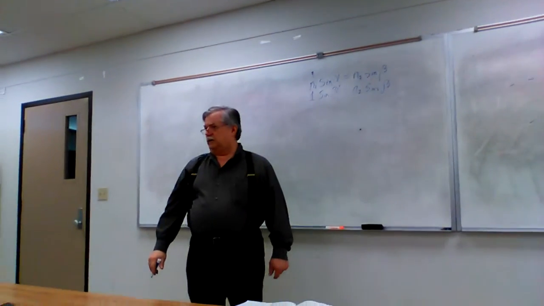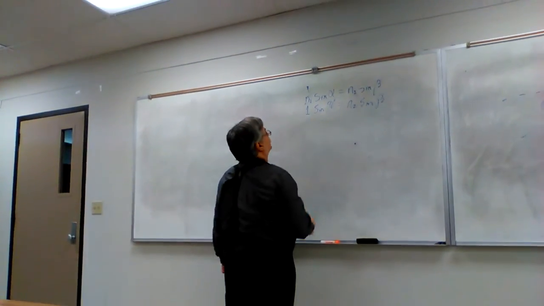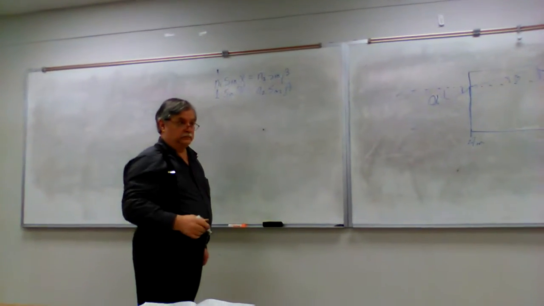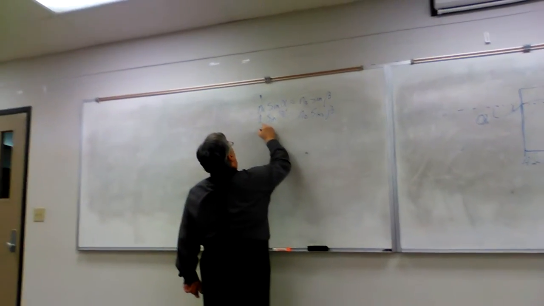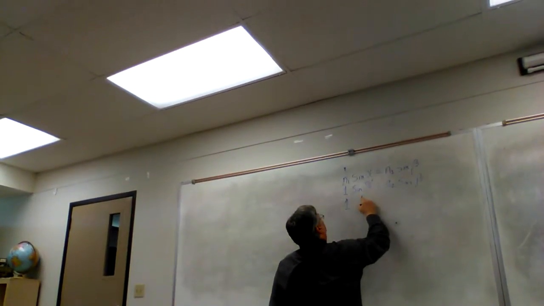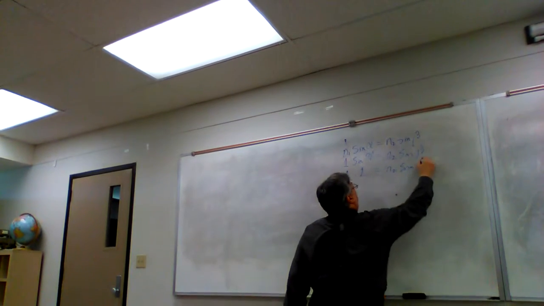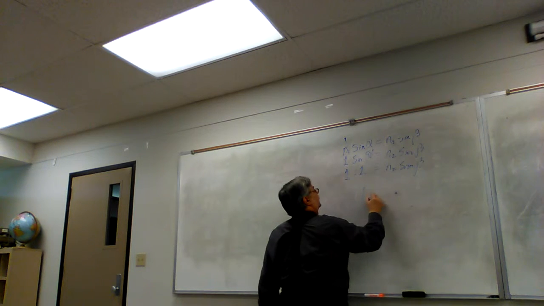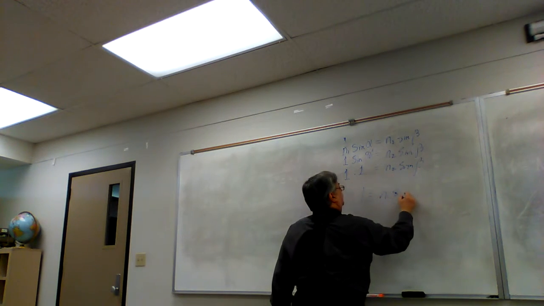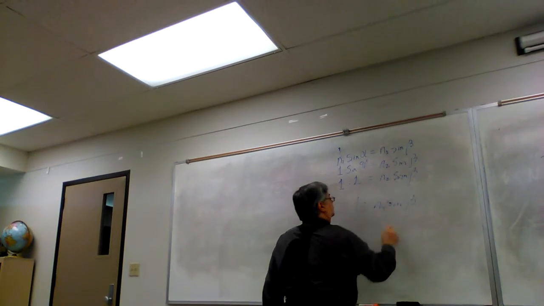But what is the sine of 90 degrees? 1. So this is 1 times 1 equals N2 sine beta, or 1 equals N sine beta.